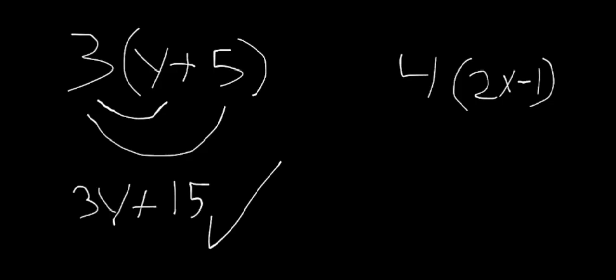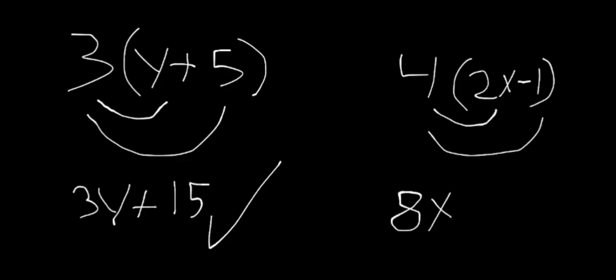And now to solve this, the 4 attracts the 2x like a magnet again, and it also attracts the negative 1. So 4 times 2x is 8x, and 4 times negative 1 is negative 4. And if you got this, this is a good answer.